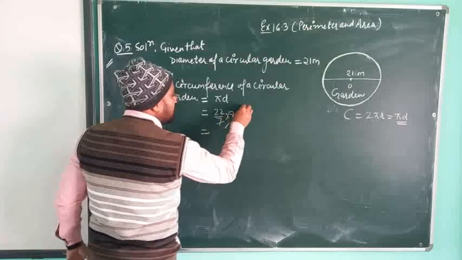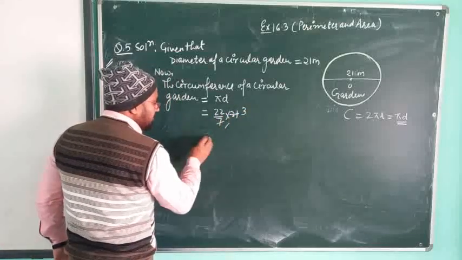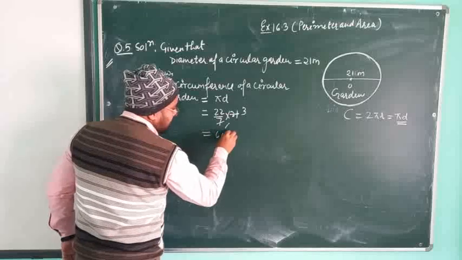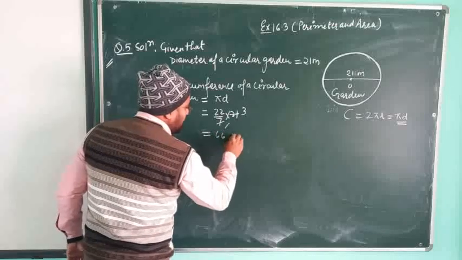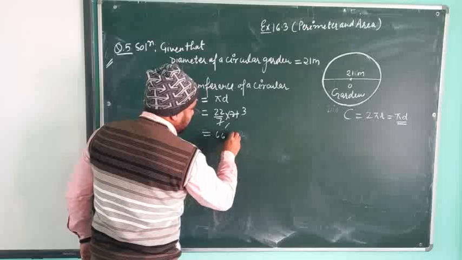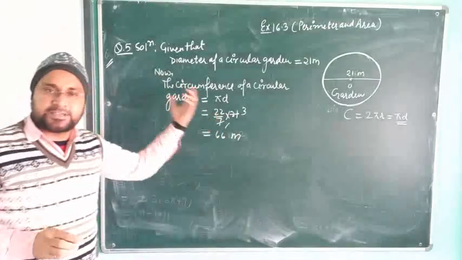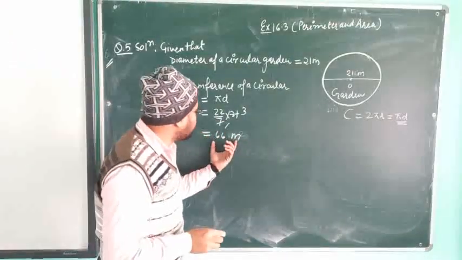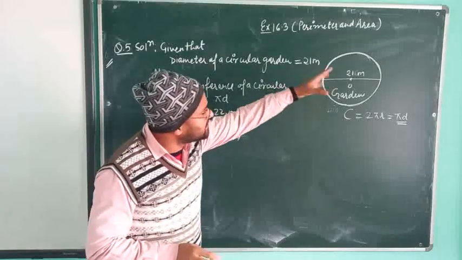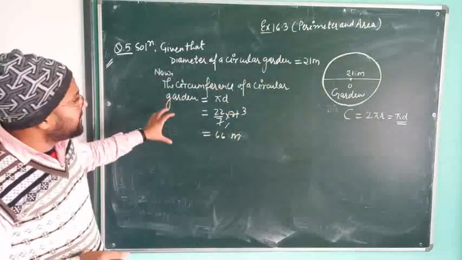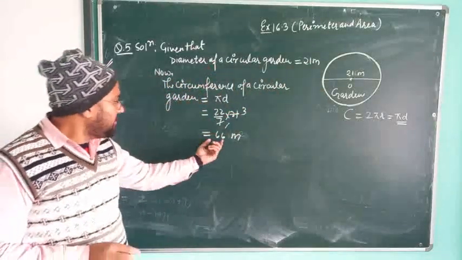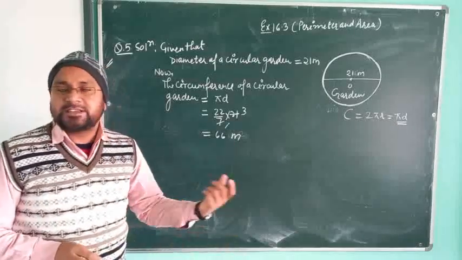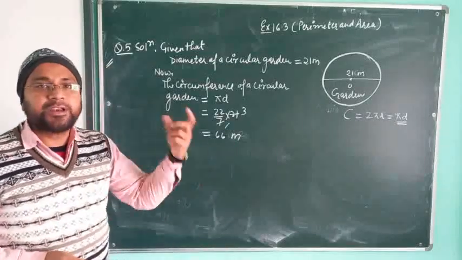7 is 7, 7 3s are 21, and multiplying this you get 66 meter. Sorry, it is meter only, not meter square, because it is a length, a perimeter. So it is 66 meter. This is the circumference. It means if you want to cover 1 time, the rope needed is 66 meter. But he wants to cover it 2 times.